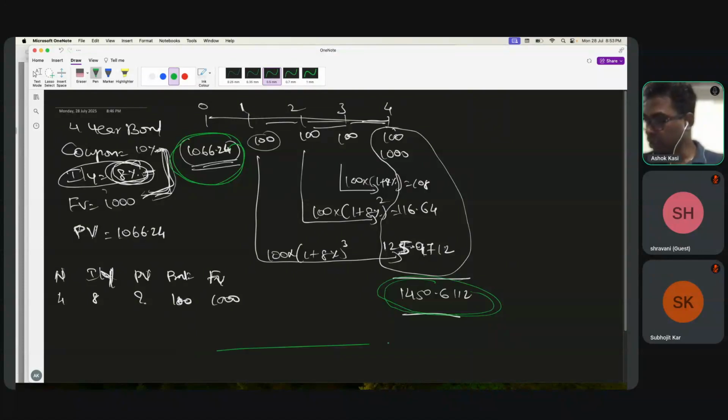I can write all this cash flow in one go: I invested 1066.24 and I got 1450.6112.